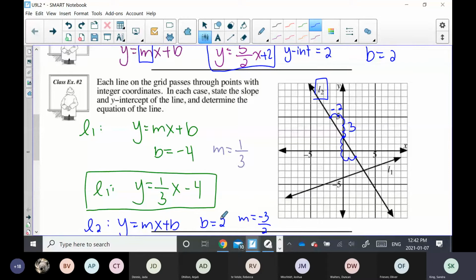Now that you have your y-intercept and your slope, you just put those into your equation and you are done. So line 2 is y is equal to mx, that's my m, so negative 3/2 x plus 2.